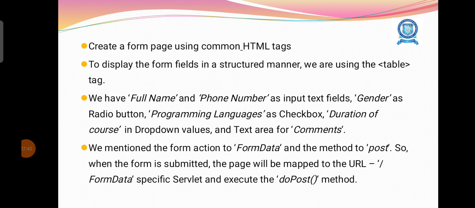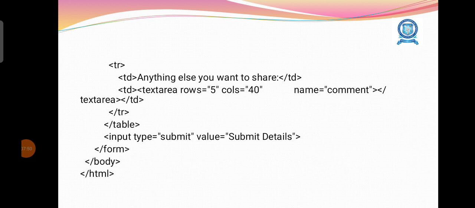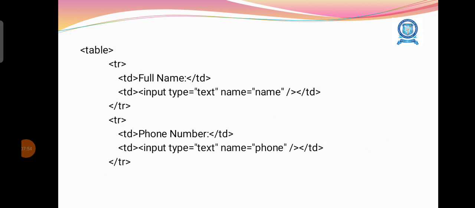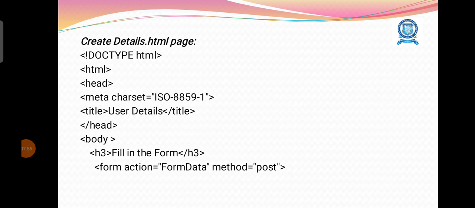One important thing we have to note is that we mentioned the form action as form data and the method as post. When we start with the form, in the body we can see the header tag, where we have put the heading, fill in the form.